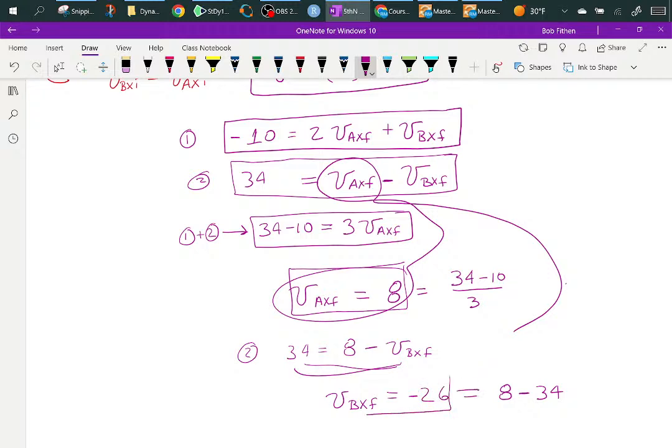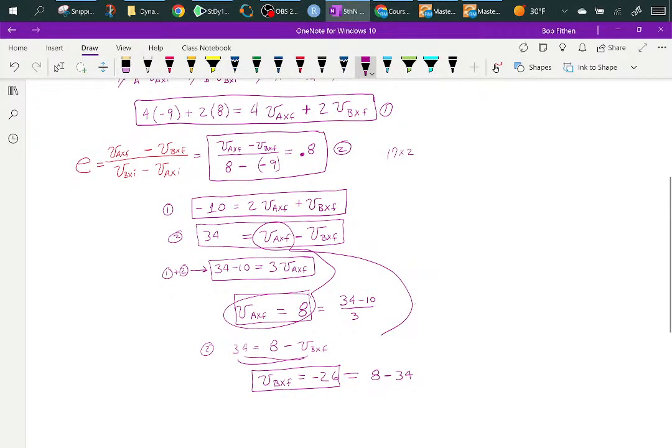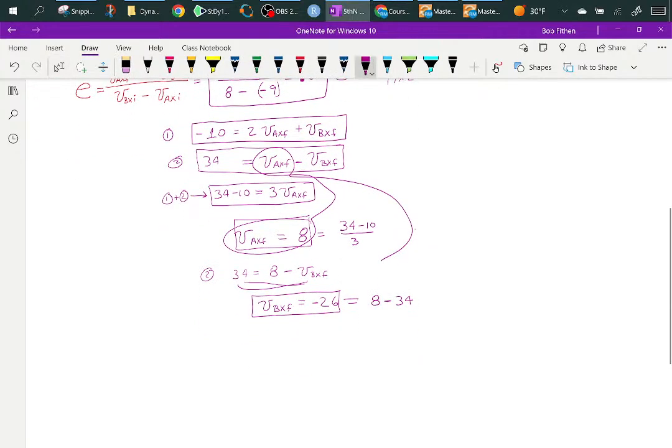Okay, so there's my two numbers. So what do I get for the final velocity?